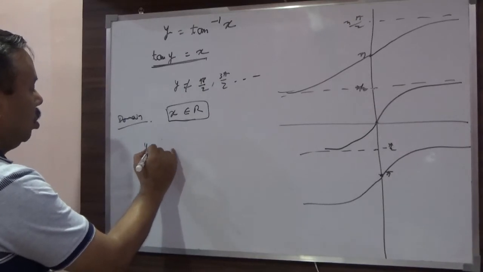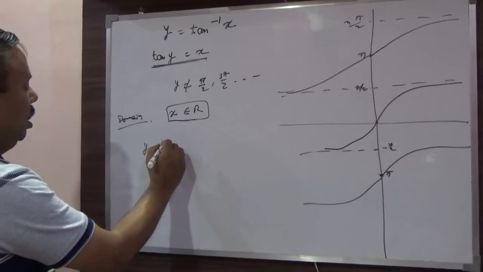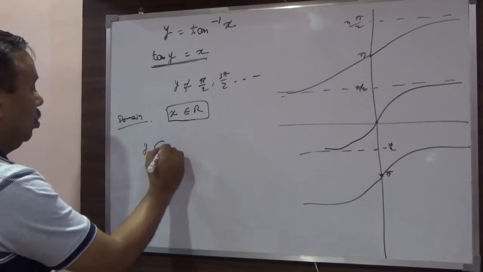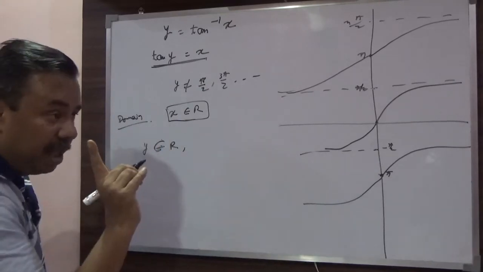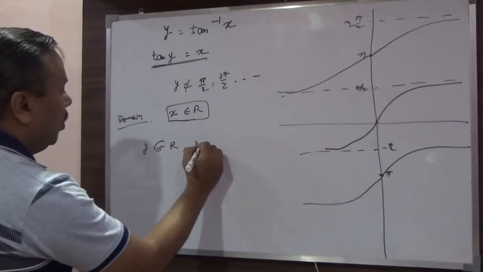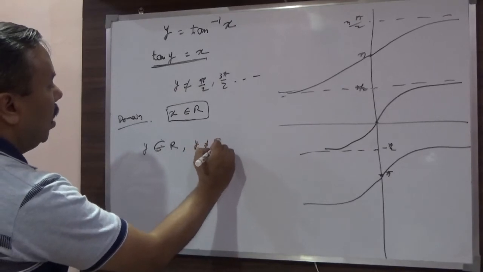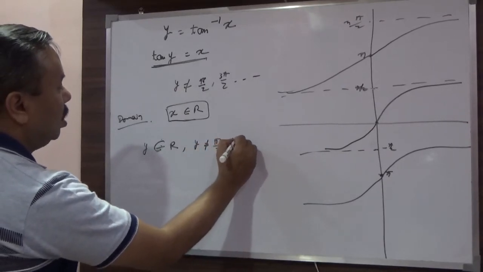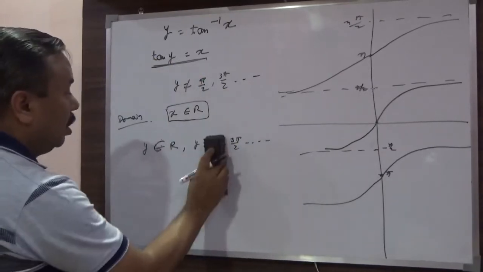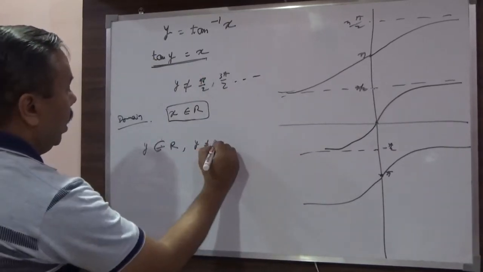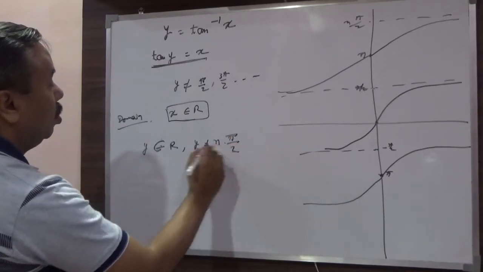It will belong to the real numbers, but at the same time, under the condition that y is not equal to pi by 2, it is not equal to 3 pi by 2 and so on. Or I can say it is not equal to n multiplied by pi by 2.